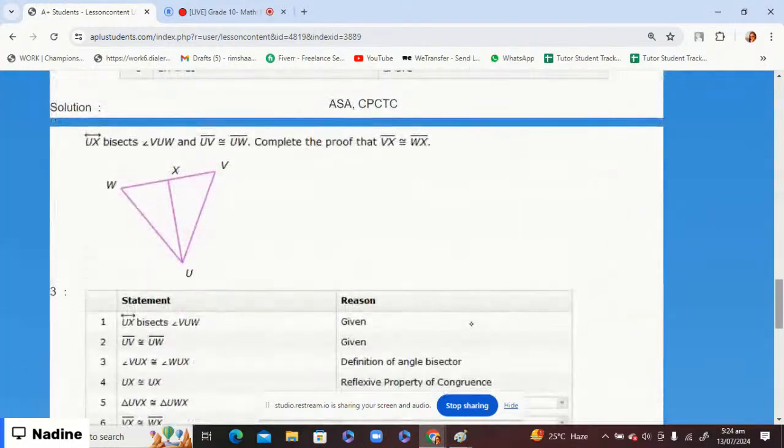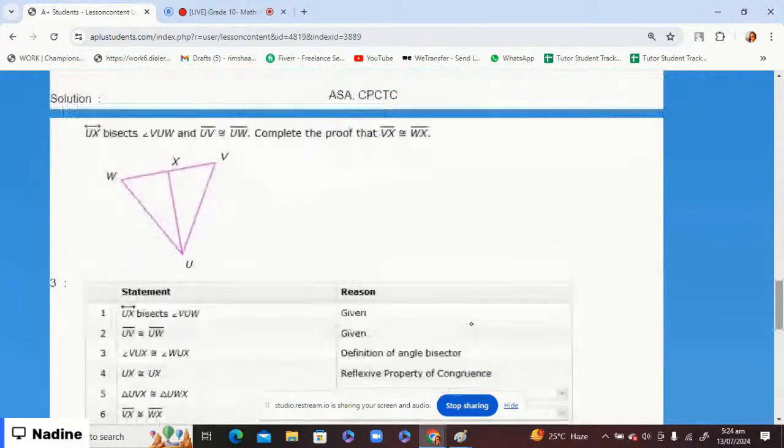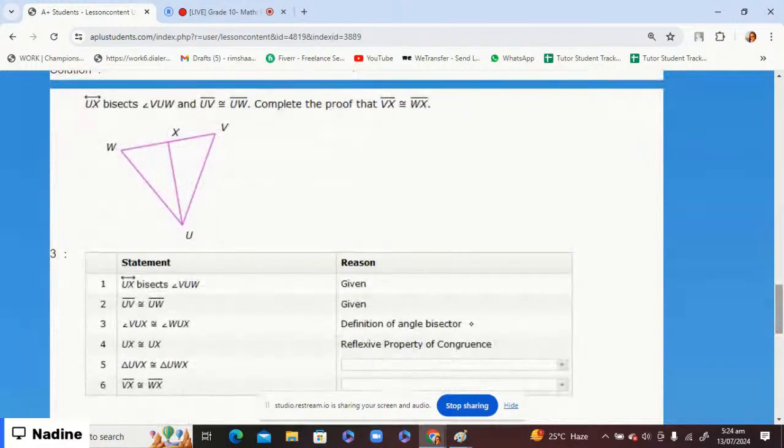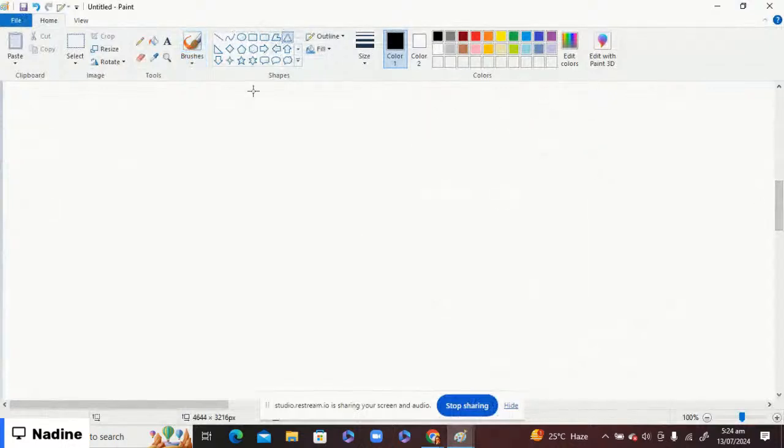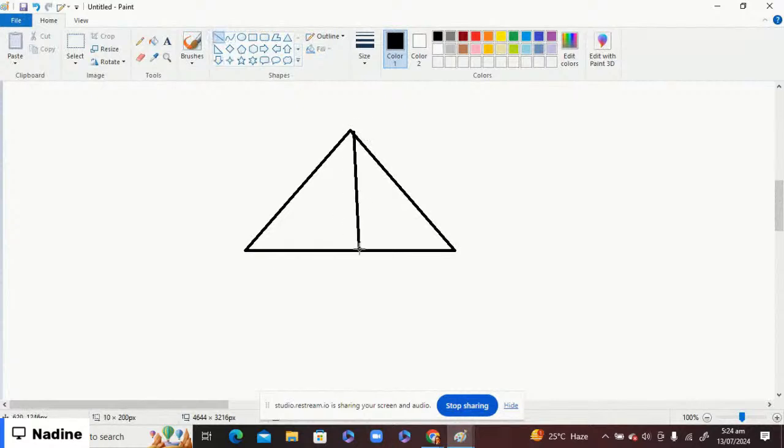Now in that question, look here. UX bisects angle VUW. The full angle is given. Here is the full angle, like for example, here is the triangle, which is the full angle, but when something is bisected in the middle, you can say that this is a bisector.